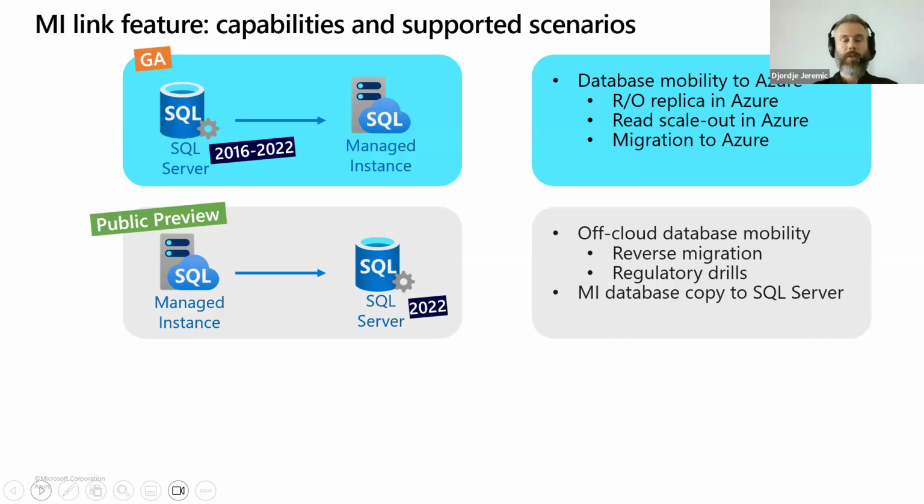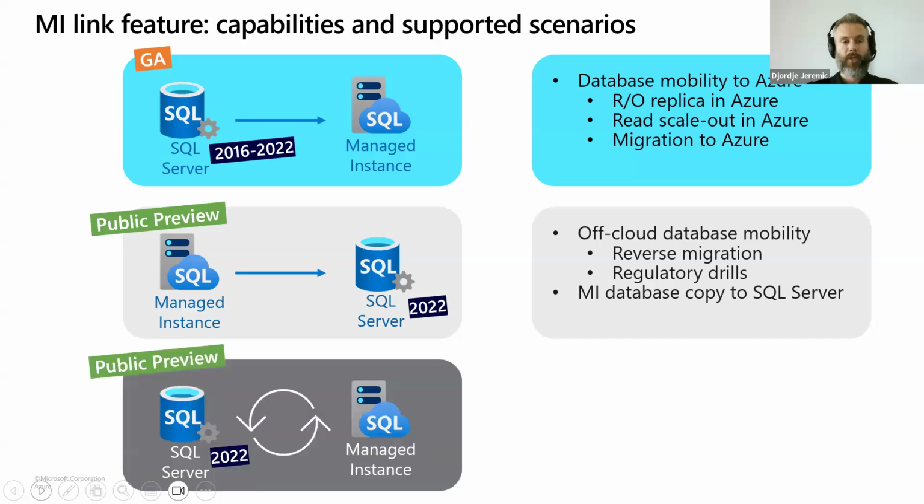But also some customers occasionally have a business need to create, let's say, a replica of their production database to some test dev environment where they're running SQL Server. And this is also made possible by the capability to create a link from managed instance to SQL Server.